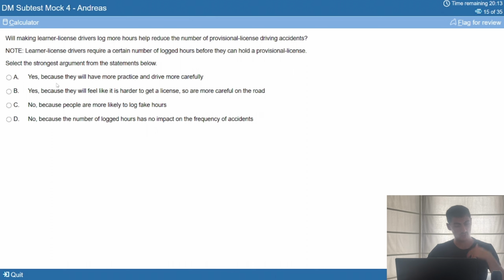Okay, so yes, what doesn't talk about accidents is because they feel like it's not B. It should be D, no, because the number of locked hours, yeah, has no impact on the frequency. Okay, it's D.